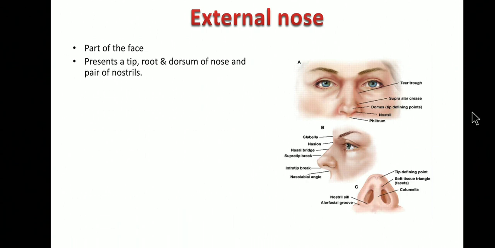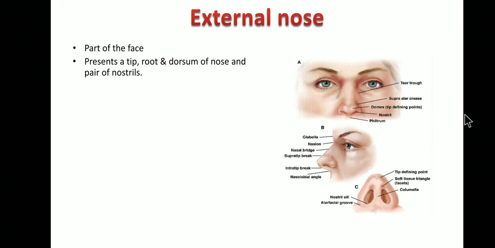The dorsum is not sharp, but somewhat rounded, and on either side what you see here is the ala of the nose.